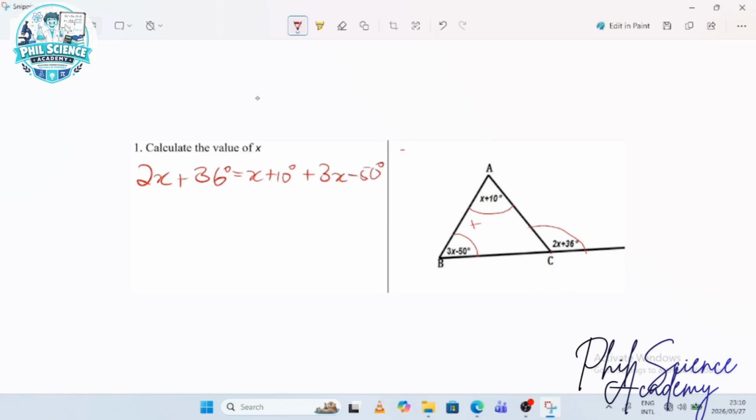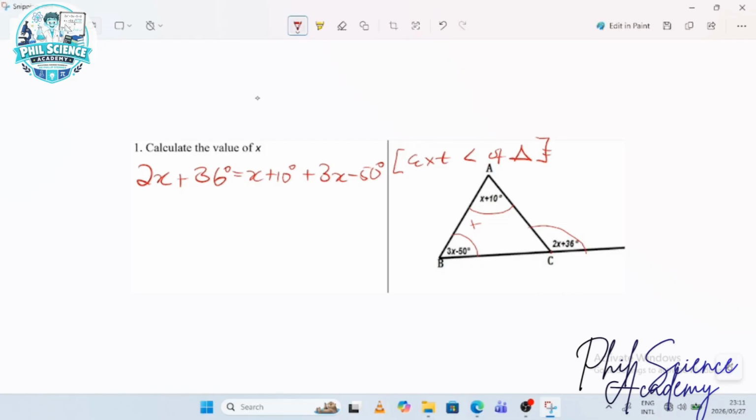Reason: exterior angle of a triangle equals the sum of two interior opposite angles. We can just say exterior angle of a triangle, because you already know that it is equal to the sum of two interior opposite angles. Just say that the exterior angle of a triangle, that's your only reason, so they will know what you're talking about.